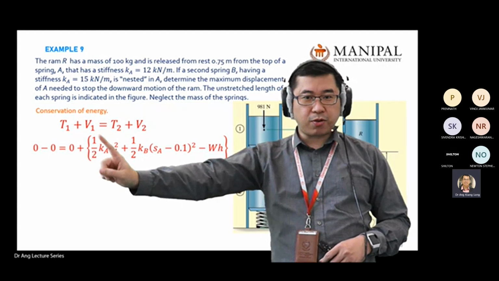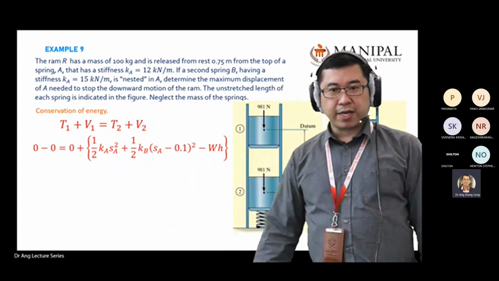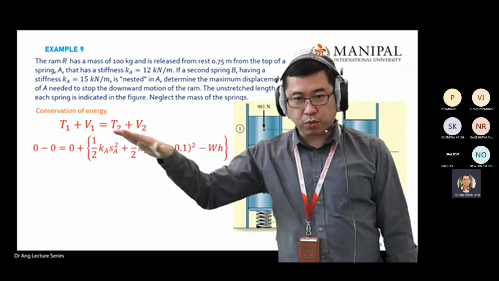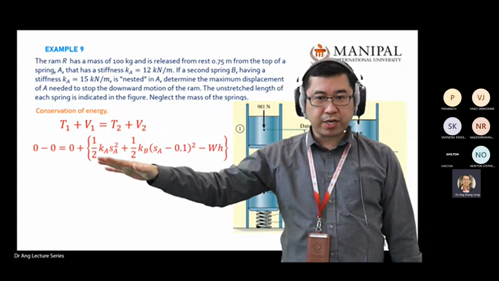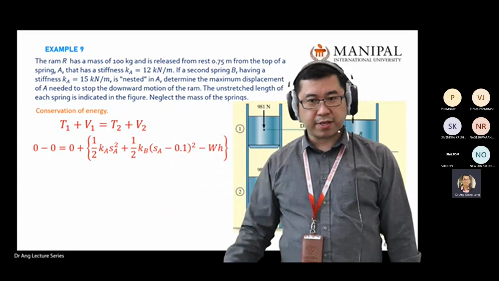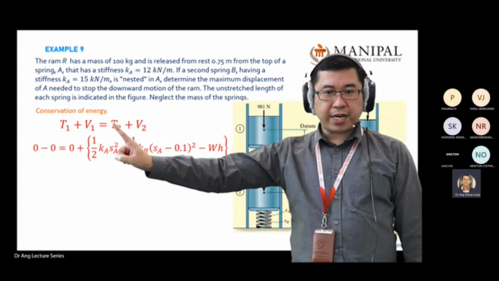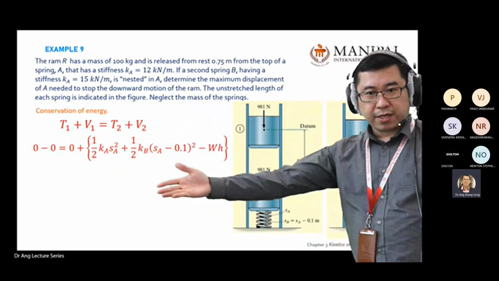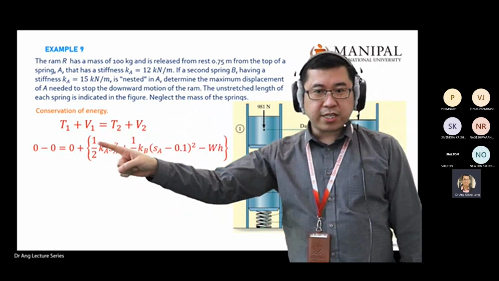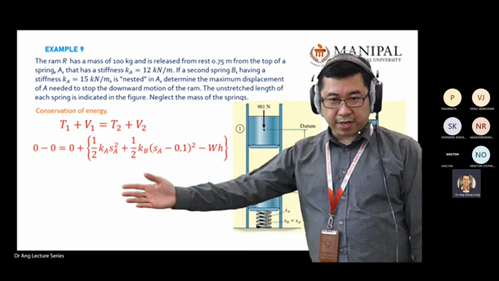I hope you can see, although I didn't write the detailed equation here, because at this stage I expect you understand the basic equation already. I straight away write the next steps. So you are clear on the kinetic for the ram already. What is the potential of your spring? Oh, sorry, it's under here.